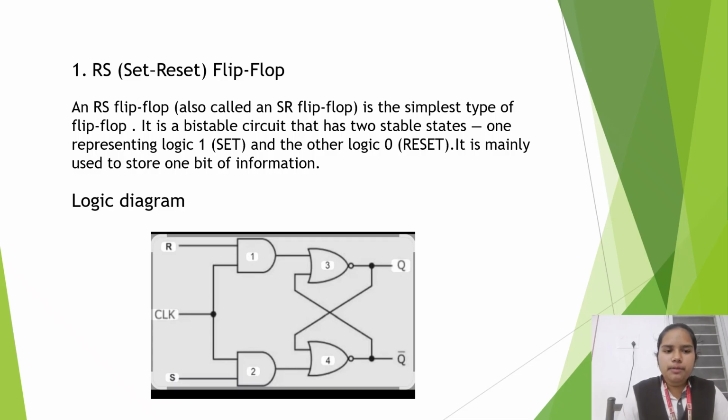The logic diagram of the RS flip-flop is shown below, and this flip-flop can be implemented using two NAND gates and two OR gates. Here we take inputs R and S and outputs Q and Q bar. The clock pulse is applied to the two inputs R and S NAND gates.